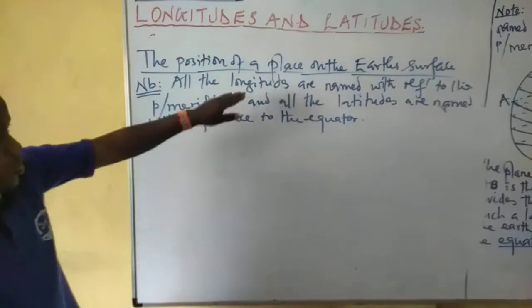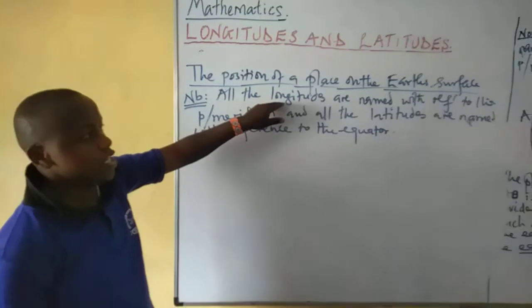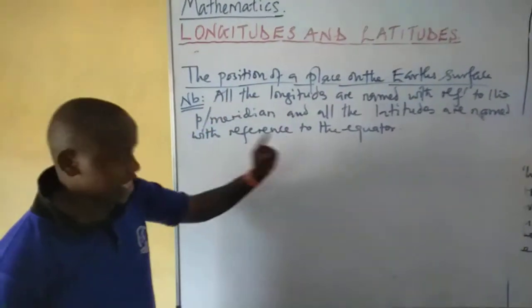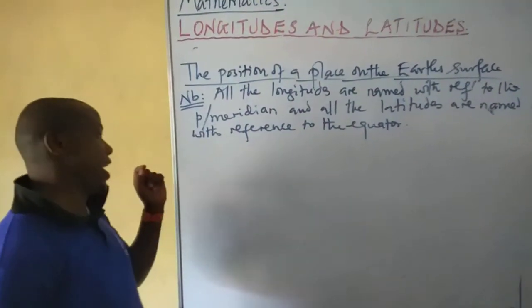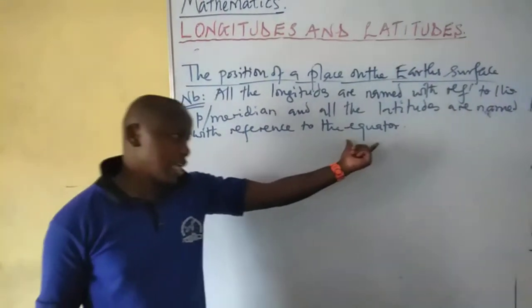Therefore, all longitudes are named with reference to the prime meridian. All latitudes or small circles are named with reference to the equator.